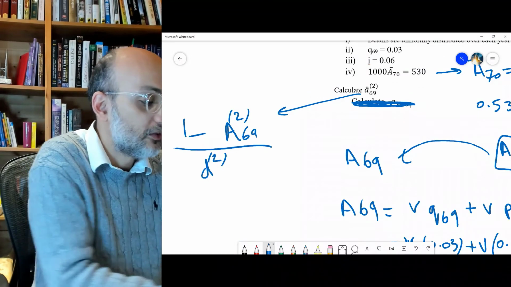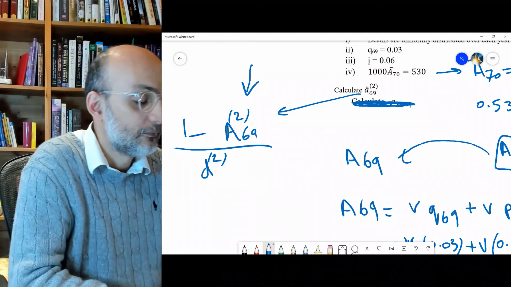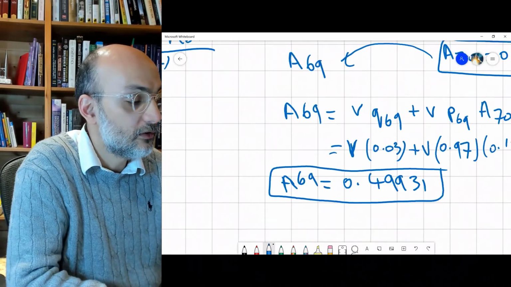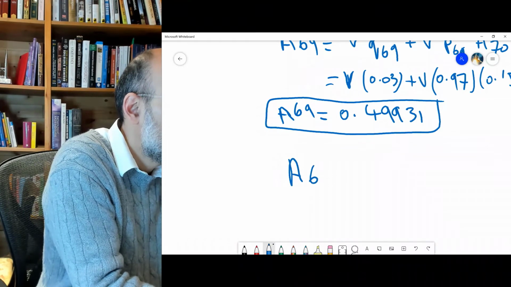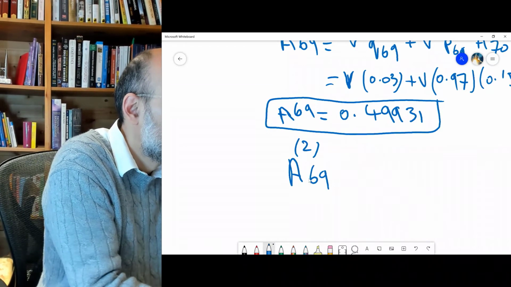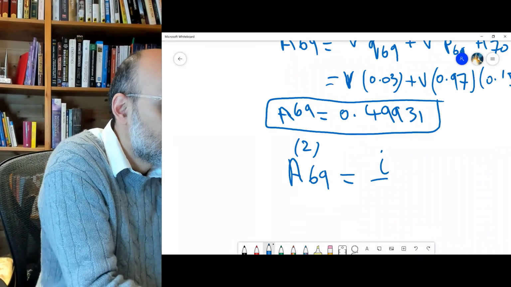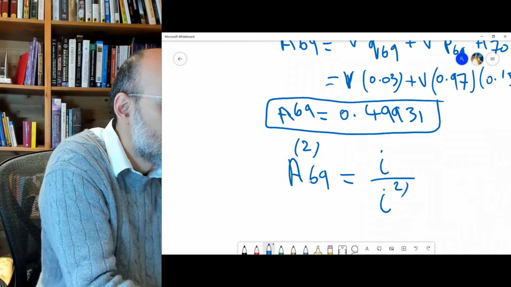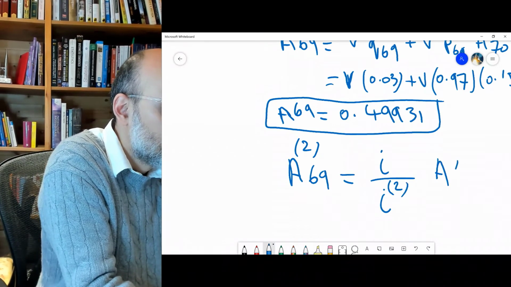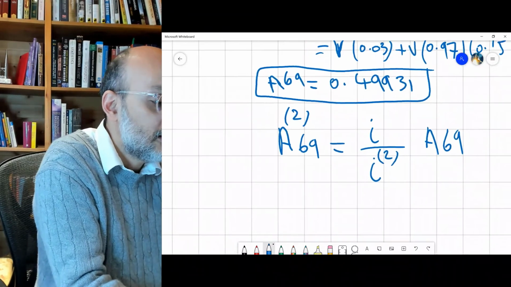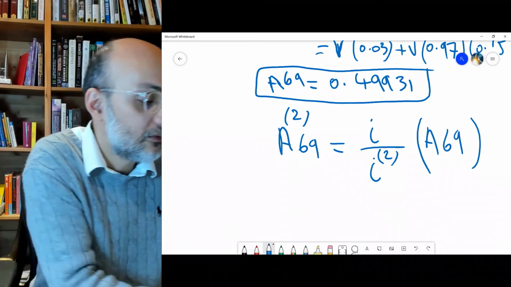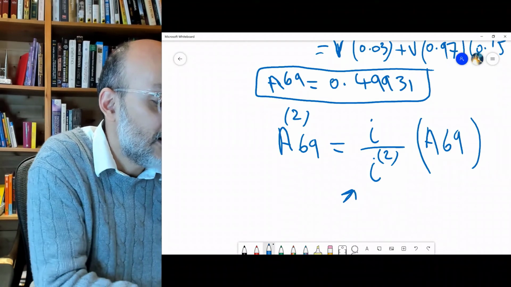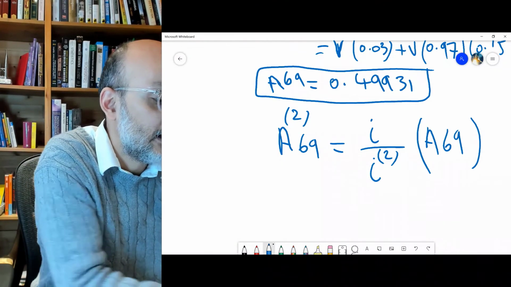We need to remember, so we need this one. So all we're doing is slowly getting to this one. So how can we get A(2)69? Remember, if you go back to your note, i to i(2). A69 with interest at 6%. If it was interest 5%, this formula we find in the life table.